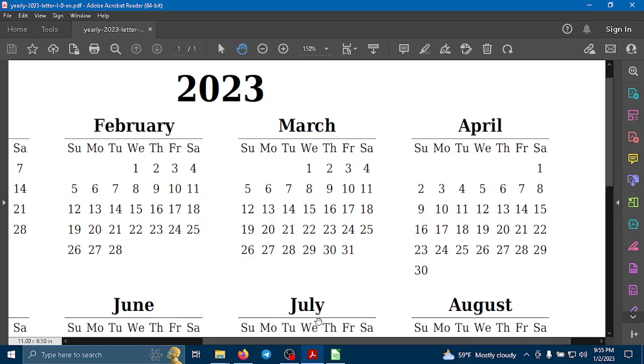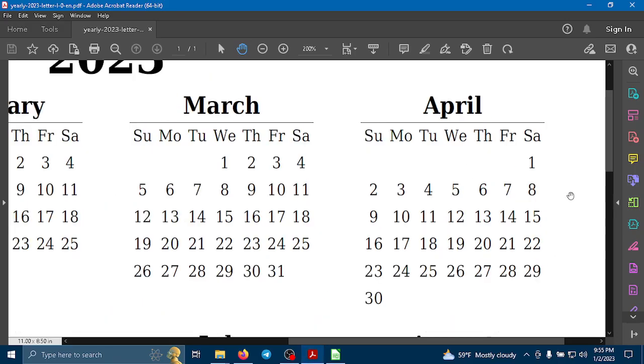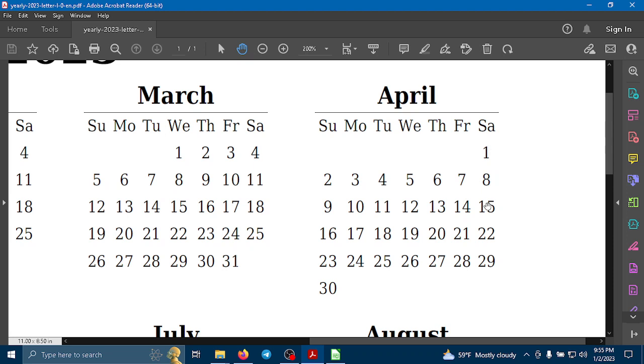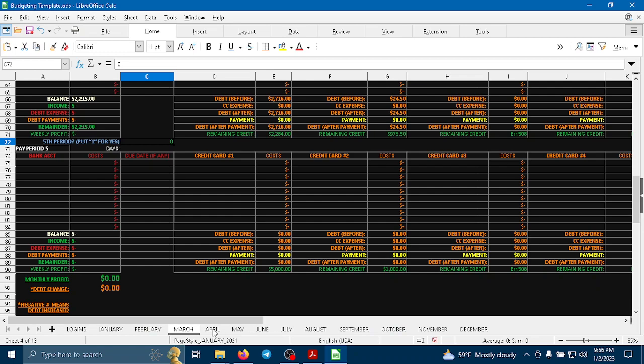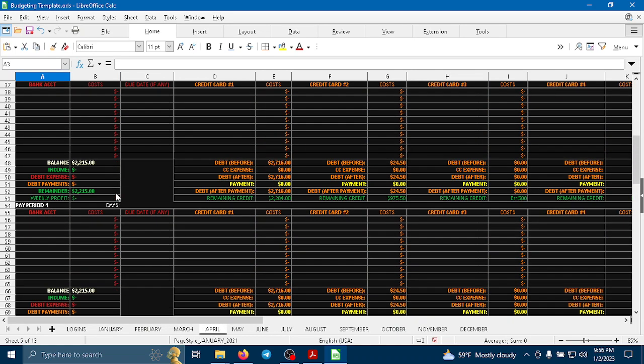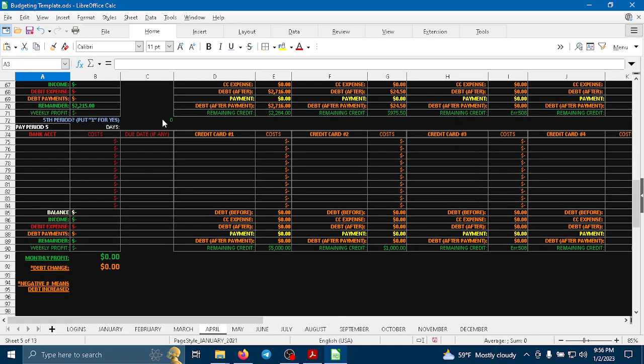But in April, you'll notice that April has 1, 2, 3, 4, 5 pay periods. If you're paid on Saturday, you have a fifth pay period in April. So in that case, you would go here and put 1 for yes. And well, bam, it is included in your budget.